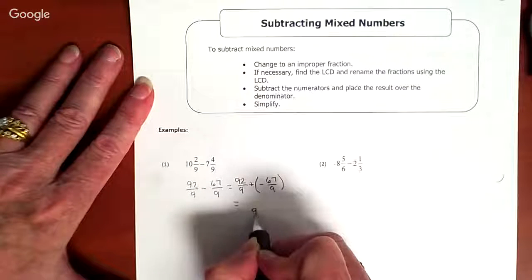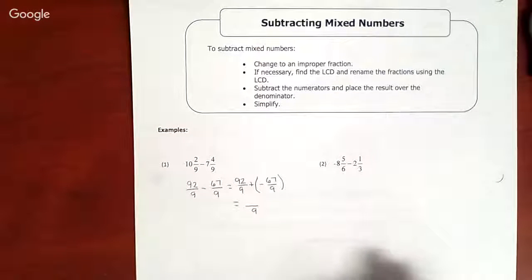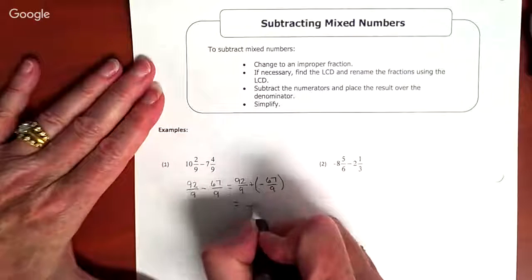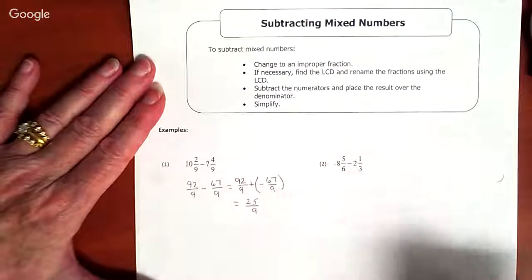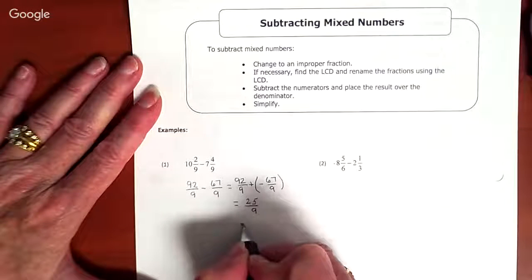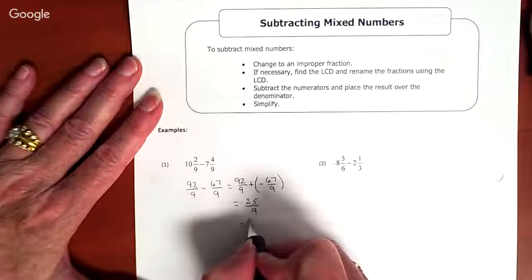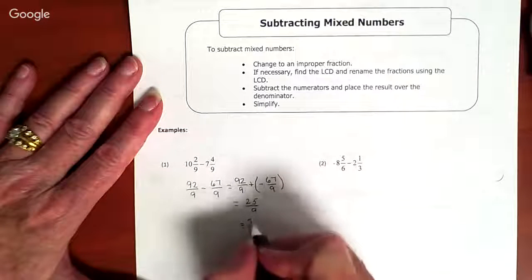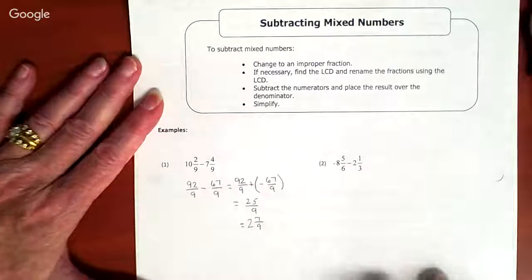So we have 92 minus 67, which is 25, which is then 2 7/9.